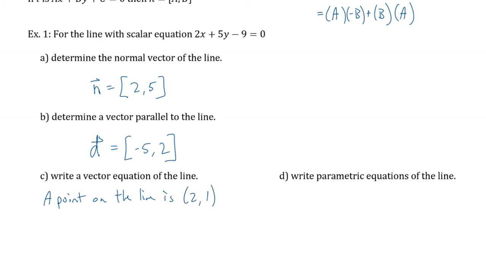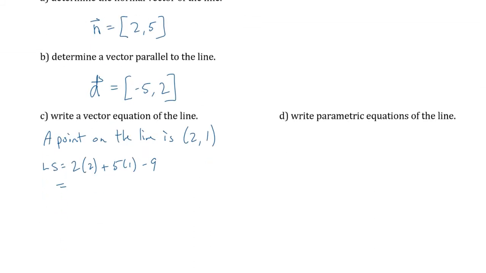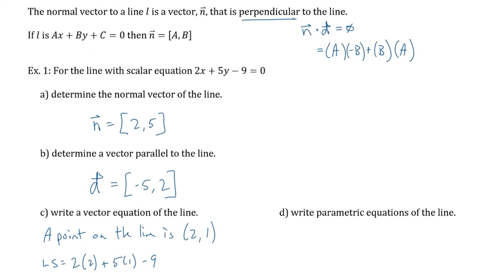I got that by inspection, because the left side is 2x, or 2 times 2, plus 5y, or 5 times 1, minus 9, which is 4 plus 5, which is 9, minus 9. So 9 minus 9, which is 0, which equals the right side. So I'm just finding some XY pair that satisfies the equation.